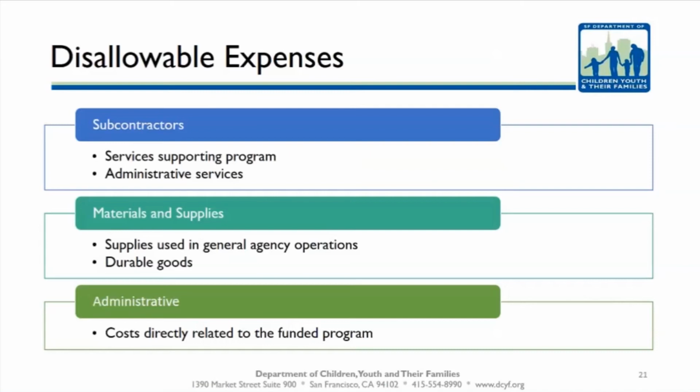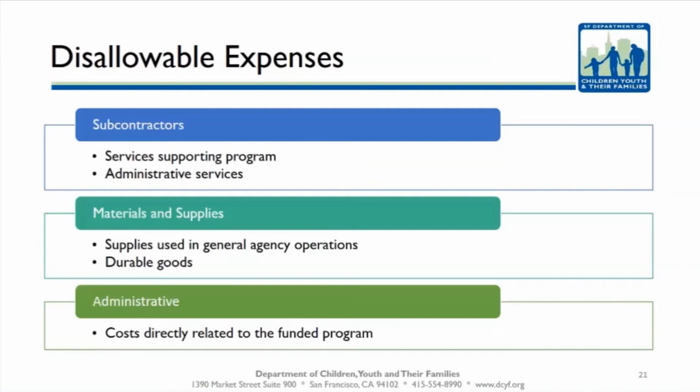Under materials and supplies, anything that you buy that is to be used for your general agency operation, again, not in direct support and use by the program, don't put that here. Again, you can probably include those under your administrative expenses. And anything that's durable, something that's not going to be used up during the course of the year, again, like that computer example, that is equipment and that's an other program expense.